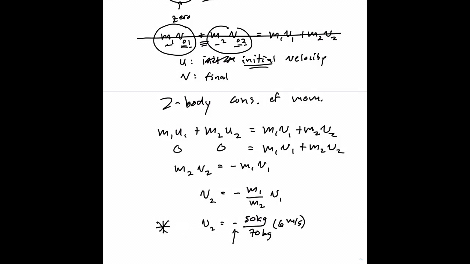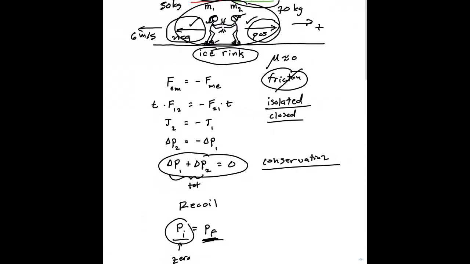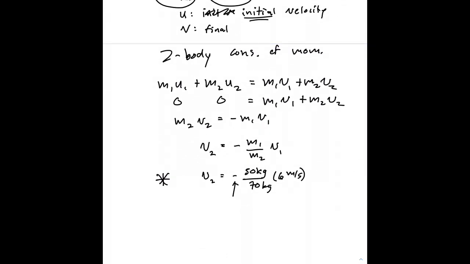Time out. We've made a mistake. Scroll back up. When we stated that Elena's final speed is 6 meters per second, we have to rectify that with our frame of reference that says to the right is positive. So let's scroll back down and see where we made our mistake. Here it is.